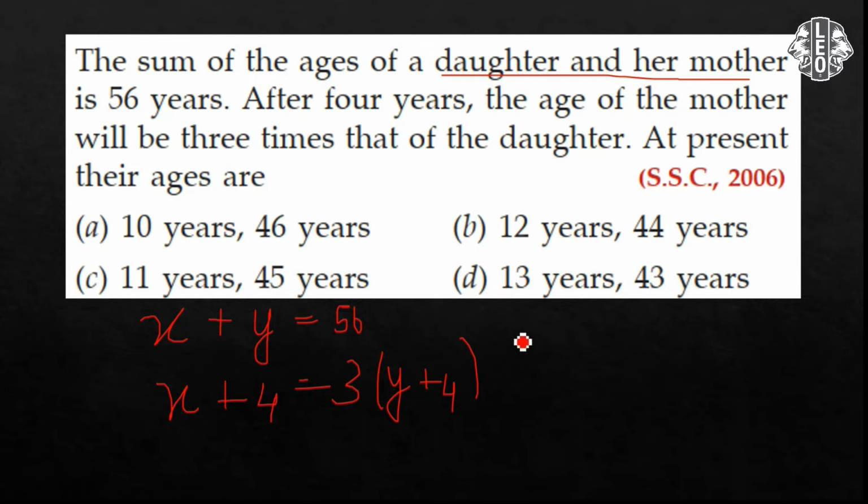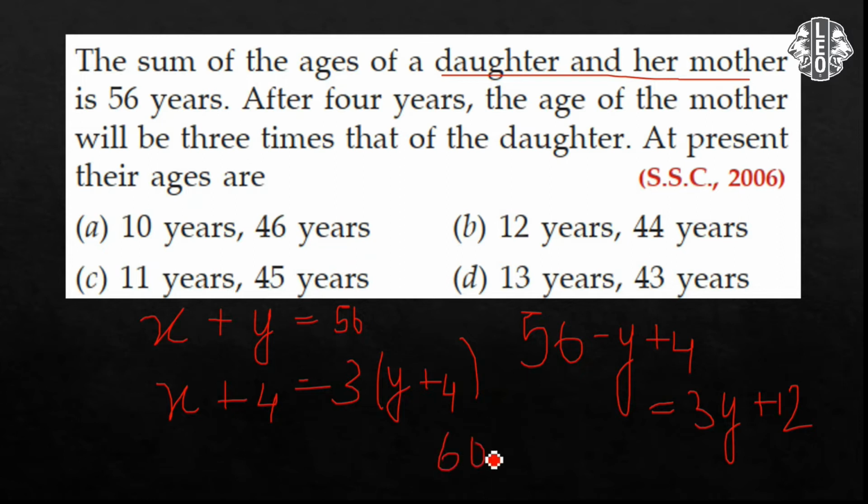So you can consider x as 56 minus y. So 56 minus y plus 4 is equal to 3y plus 12. Just solve it: 60 minus 12 equal to 4y. Or you can make it 15 minus 3, and y will be 12. Once you get one part, you can get the other part. As simple as that, 12 years.